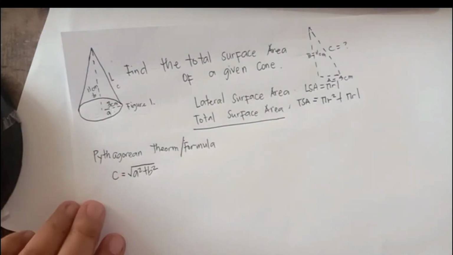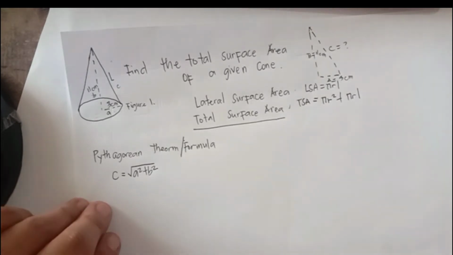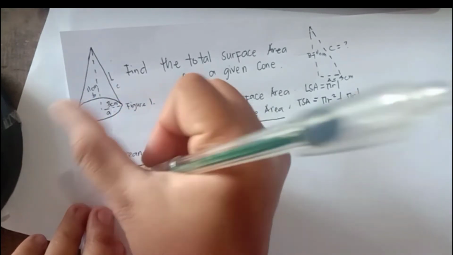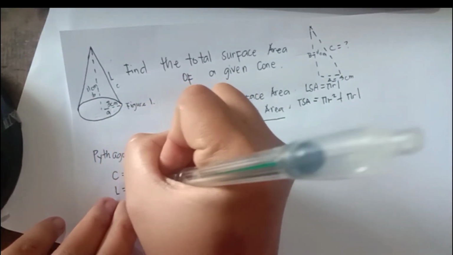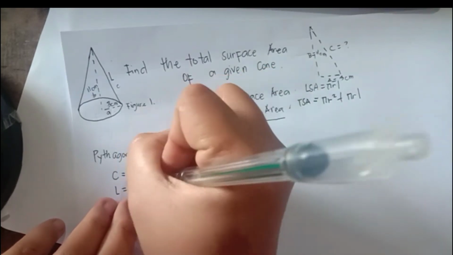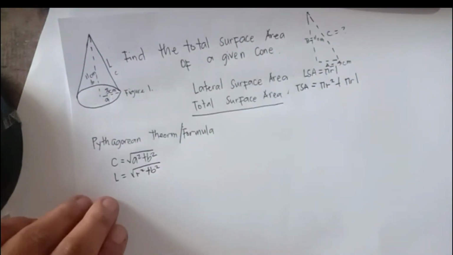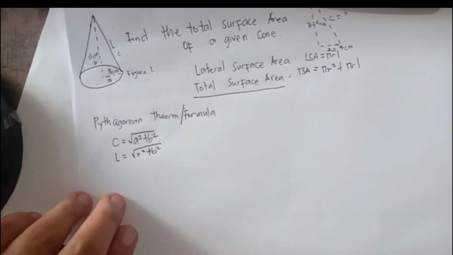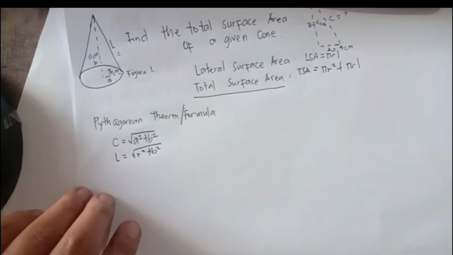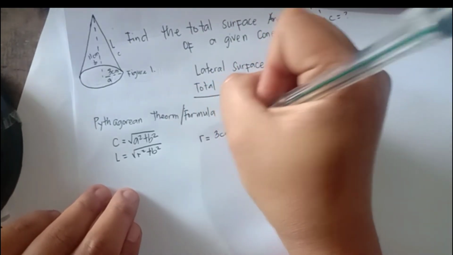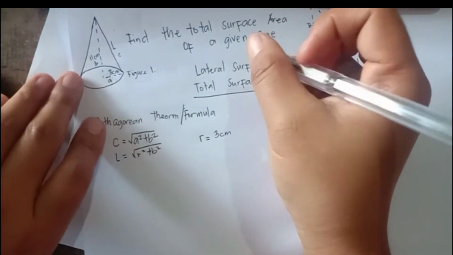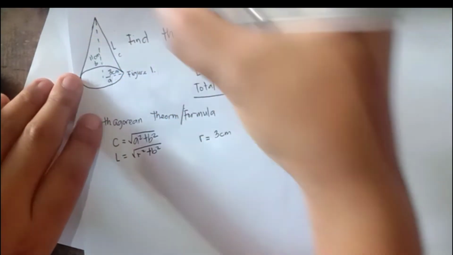So, ano yung ating gagawin? As I have discussed earlier, ang formula ng ating slant height is L is equals to square root of R squared plus B squared. Next, ano yung R natin? R is equals to 3 cm. Then yung height natin is, this is our height.